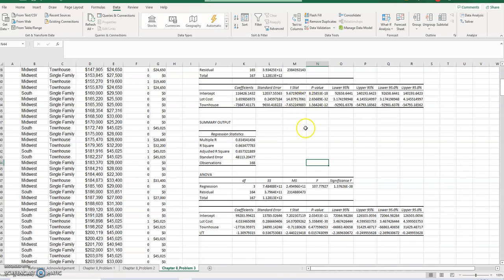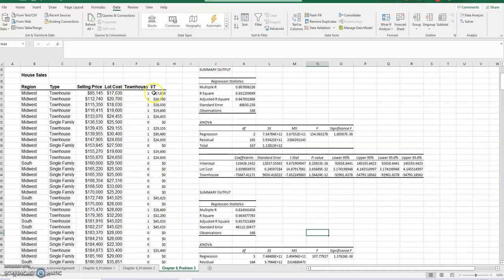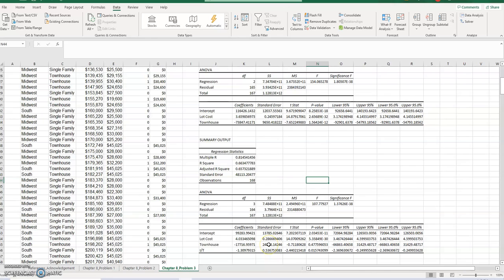However, when we control for what, as I mentioned, is a moderating variable or moderating effect, what we're seeing is that this moderating variable, effectively the type of structure that you build, is increasing the relationship between the independent variables and the selling price. So that's the idea that we should take away from this.